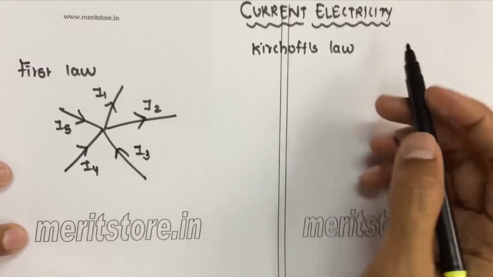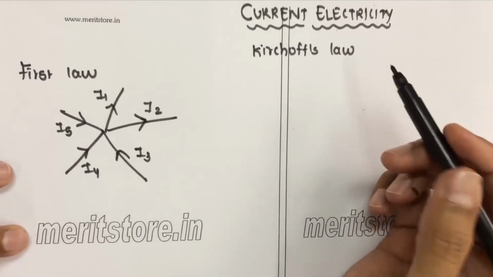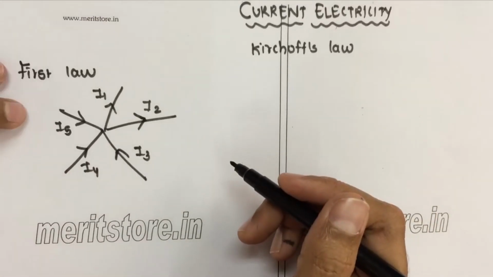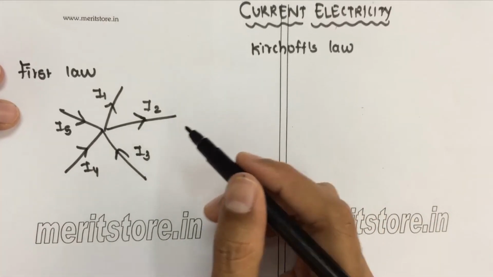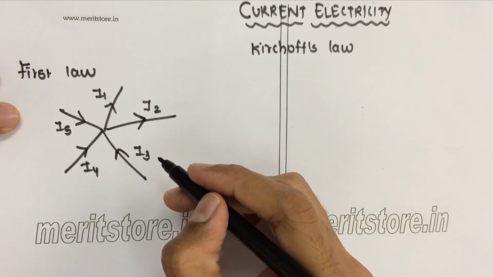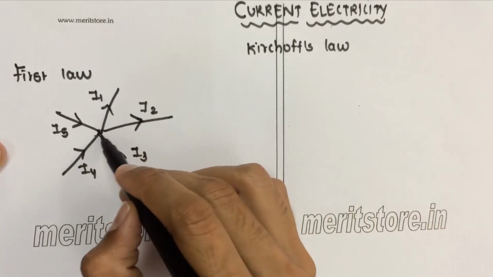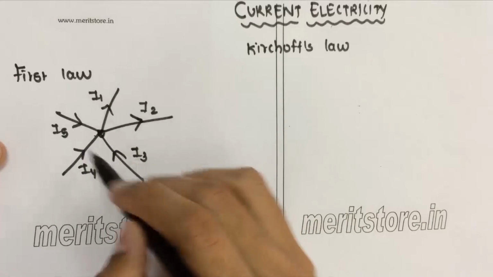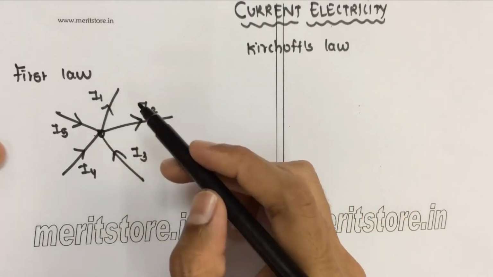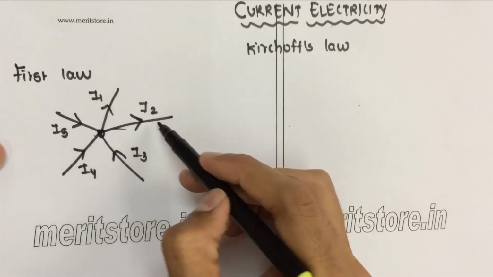Now the next concept of the chapter current electricity is Kirchhoff's law. Kirchhoff has two laws. The first law is about a network connection. The law says that the sum of all the algebraic currents at any junction is always equal to 0. Whether currents are moving away from the junction or towards it, the sum of all of them gives 0. We take the currents flowing towards the junction as positive and the currents going away from the junction as negative.